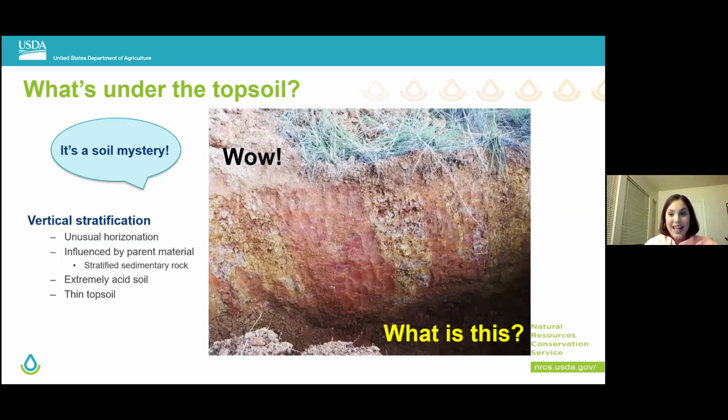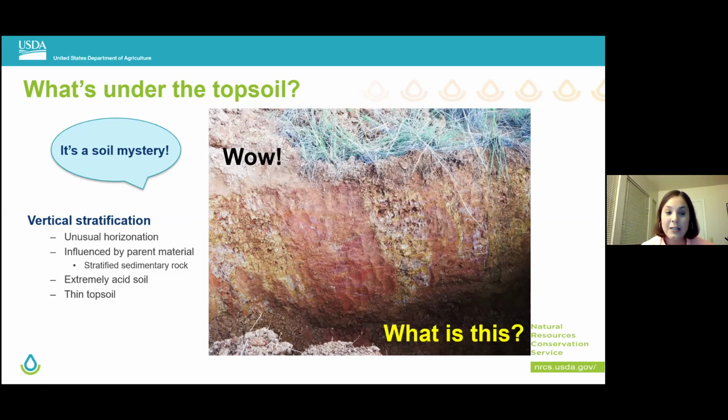But there is something else. There is a soil mystery, something like this. And I'm really sure nobody here has seen something like this before, because this is not something common in soils. Actually, that spot is my graduate research spot from when I was in college.